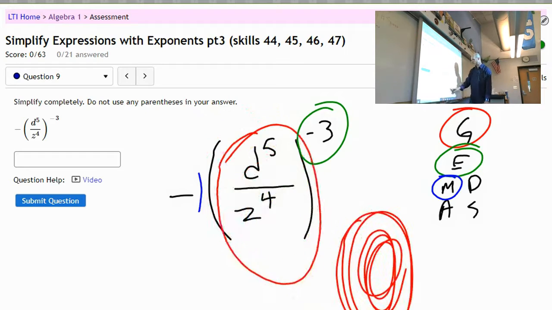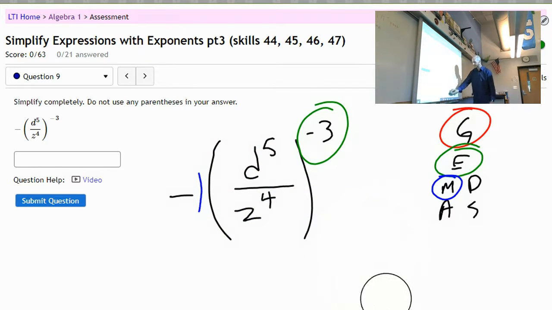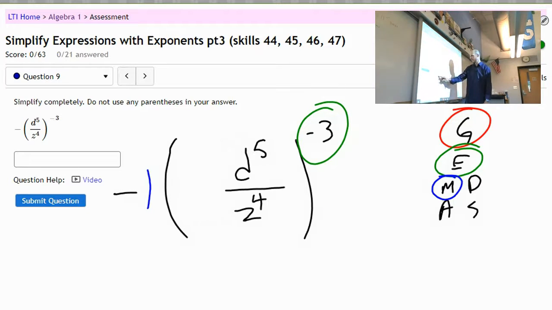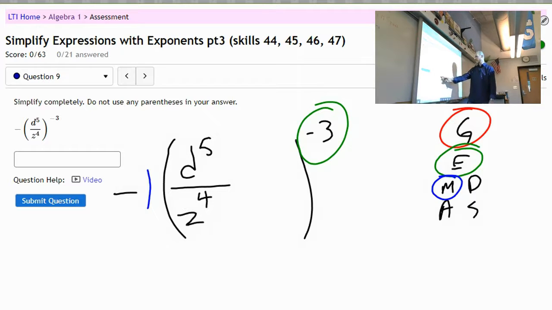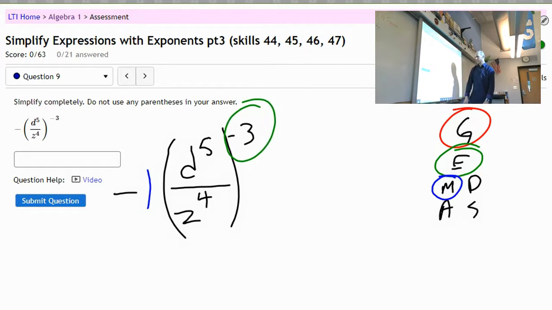Okay, let's get rid of this big red thing. Scoot all this stuff over. One thing at a time. Okay, so inside the parentheses, nothing happens. The next thing I need to do is this green exponent of -3.